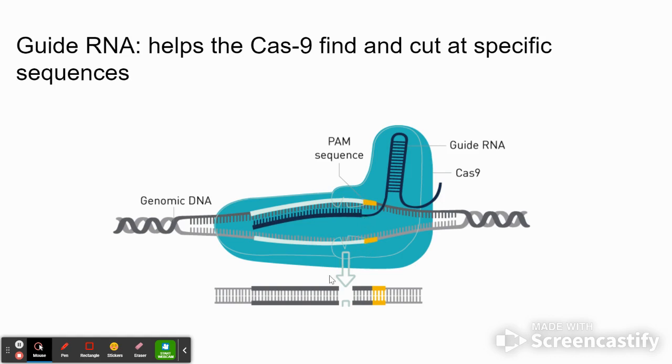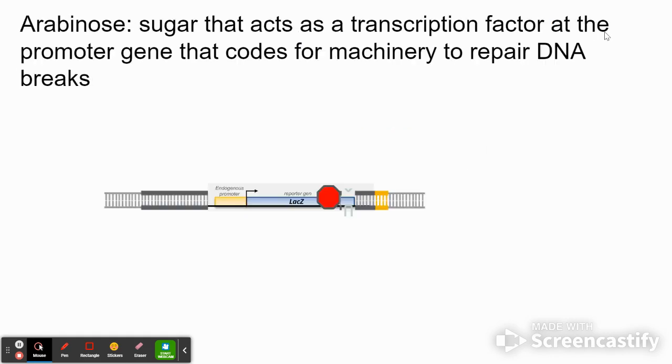Once we do this cutting, we're going to have this cleaved DNA that is going to allow us to insert. Sometimes you use Cas9 just to delete things. Sometimes you might even want to change specific bases. So this guide RNA, I'm going to think of as a little red flag, essentially telling the Cas9 where we need to do the cutting.